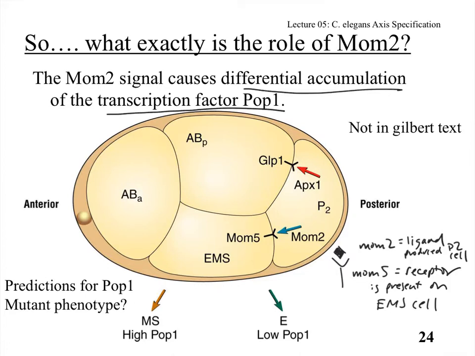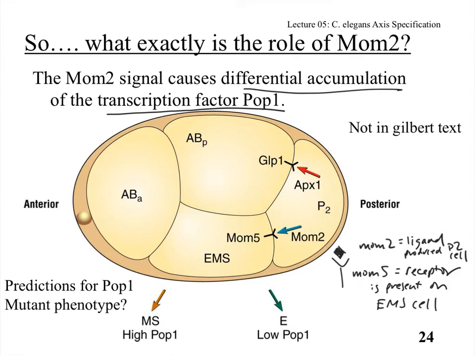If we look down here at the bottom, the E cell is going to end up with low levels of POP1, but the MS cell is going to end up with high levels of POP1. Again, this is a transcription factor, and as you know, transcription factors are going to turn on a whole lot of different genes. So the MS cell is going to turn on one collection of genes, but the E cell is going to produce something different because it doesn't have very much of this POP1.